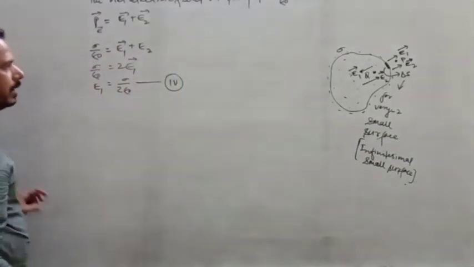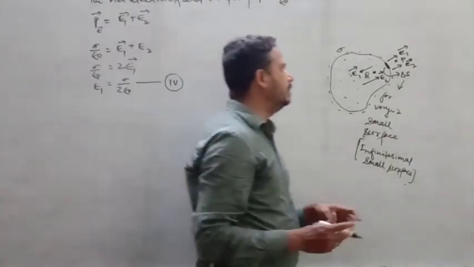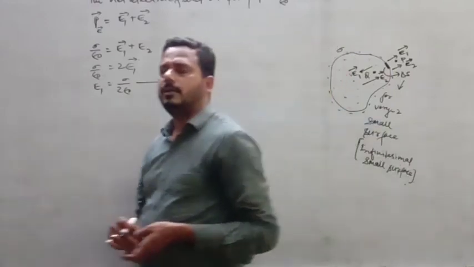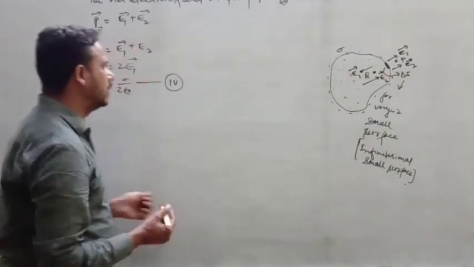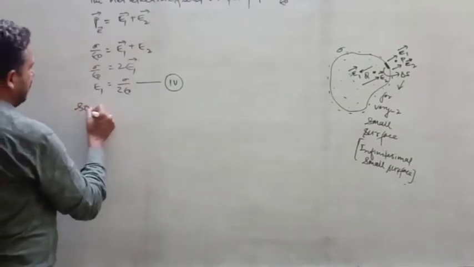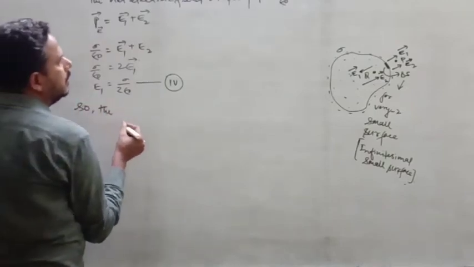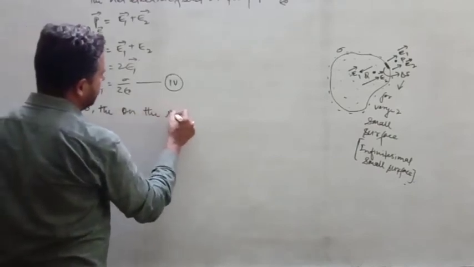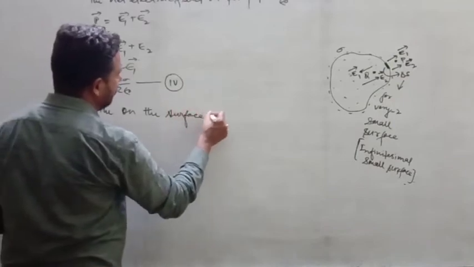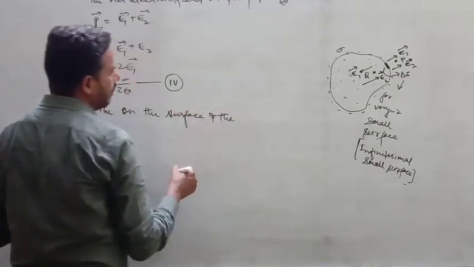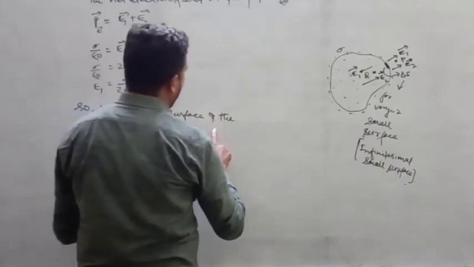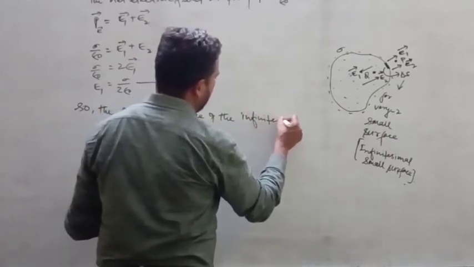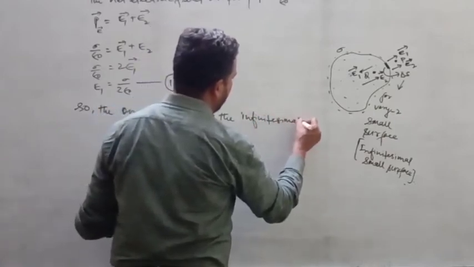We have already a charge here. So accordingly, we need to find how much is the force on the surface of the infinitesimal small surface.